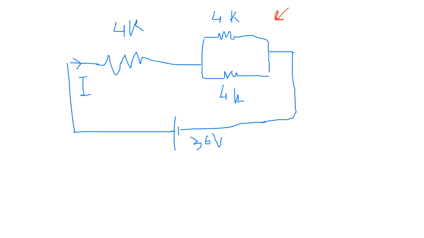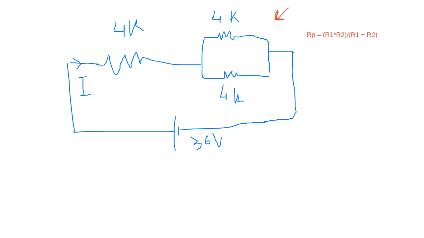R1 into R2 divided by R1 plus R2. You remember this? If you have got two resistors only, this is the law. Two resistors in parallel, their total resistance will be R1 into R2 divided by R1 plus R2.